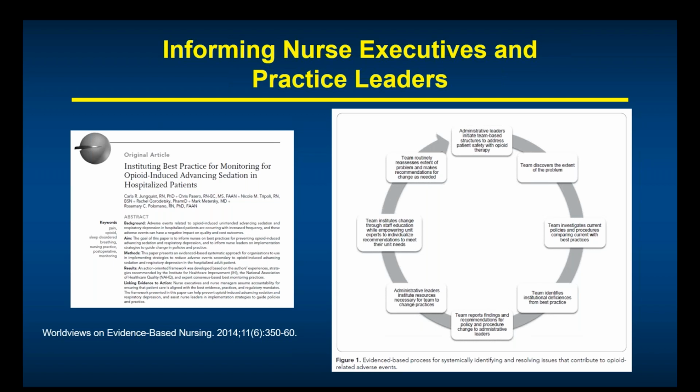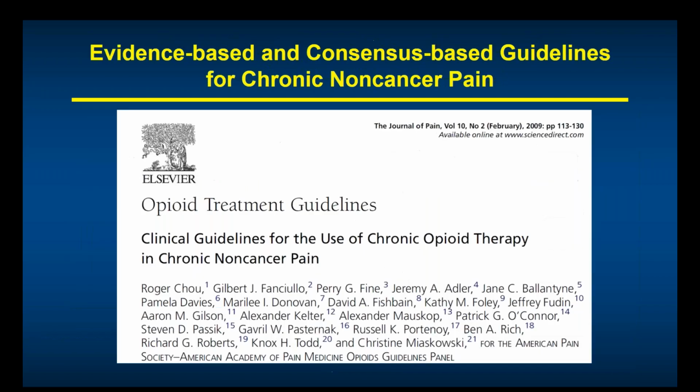That's an indicator, obviously, that if naloxone use is high, there may be a need to reverse unintended advancing sedation and respiratory depression. But tracking it also helps us understand that we use lower doses of naloxone to treat other side effects of opioid analgesics.